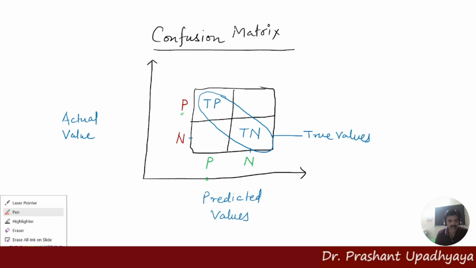Another case is that the actual value was negative, but my predicted value is saying that no, it is not negative, it is positive. So the predicted value is positive, but actually it was false, it was not a positive value.